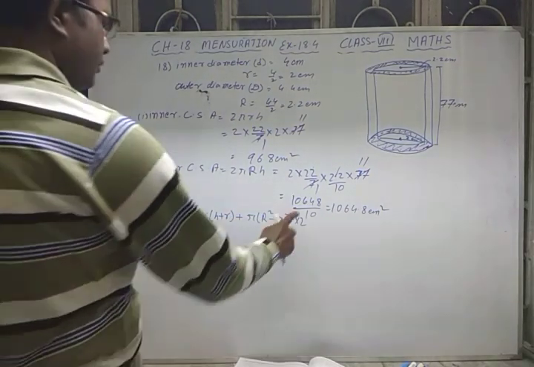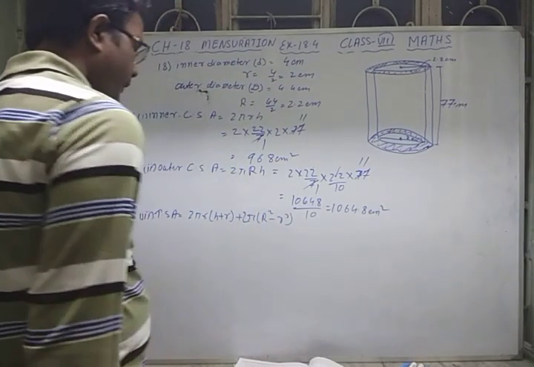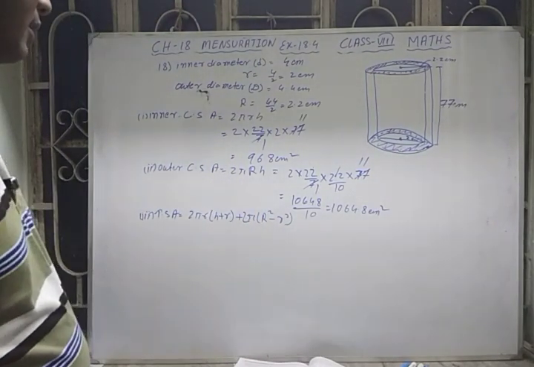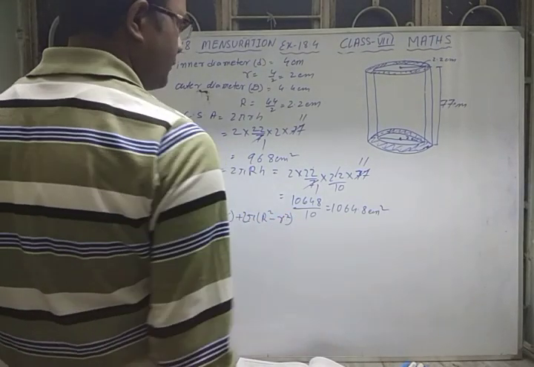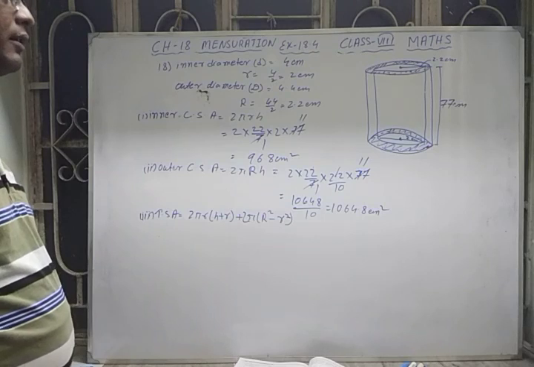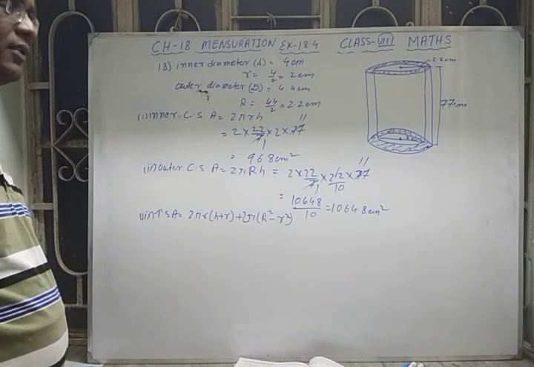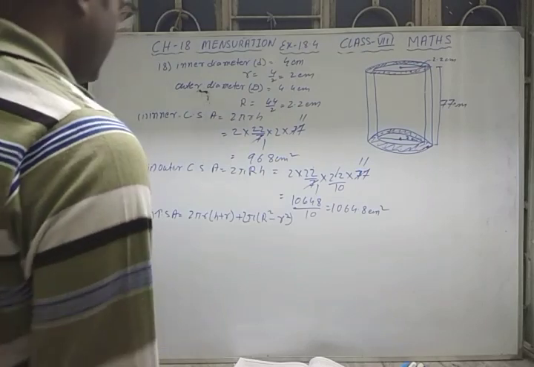You can write 2 here also. 2 pi R square plus r square. I think you have to find it like this, because the total surface area of the pipe is considered to be the thickness of the pipe, that area also comes, and the outer surface.